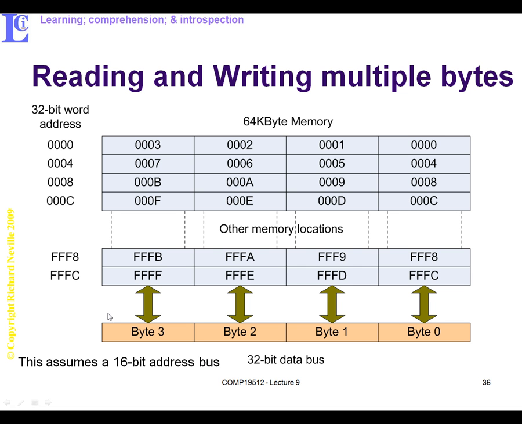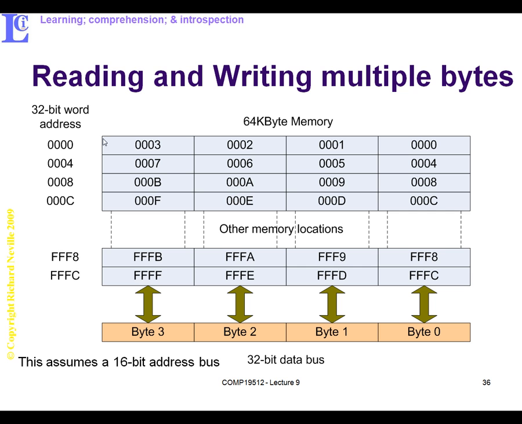Okay, so let's just check this then. That's 4, 8, 9, 10, 11, 12, 13, 14, 15, 16. So it should be a 16-bit word there. So that's actually an error. It's a 16-bit address bus, not 32. So what does this mean?